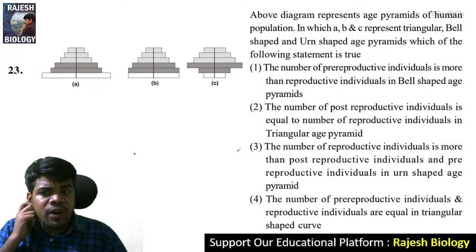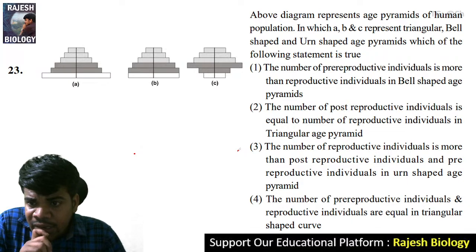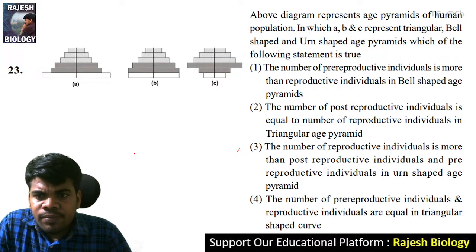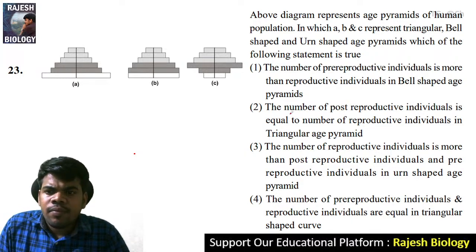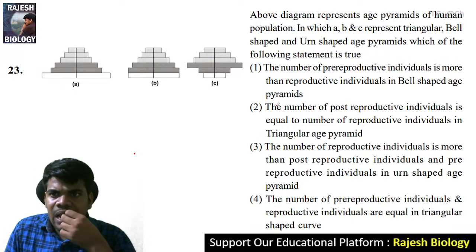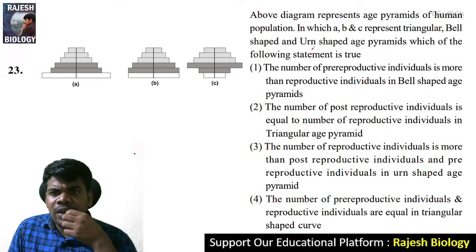The number of reproductive individuals is more than the post-reproductive individuals and pre-reproductive individuals in urn-shaped age pyramid. In which A, B, C represent triangular, bell-shaped and urn-shaped age pyramids.